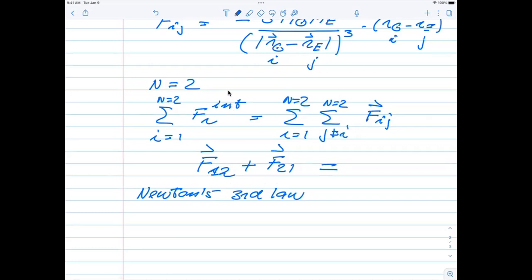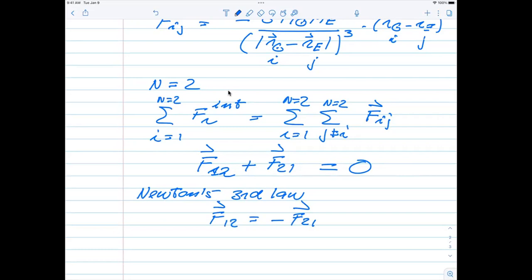Thanks so much. This is again equal to 0. So you may have a feeling that when I use this kind of voice, I'm looking for the roundest number you can think of. So again, this is equal to 0. And that is simply because we know that F12 is equal to minus F21. So this is just an application of Newton's third law.